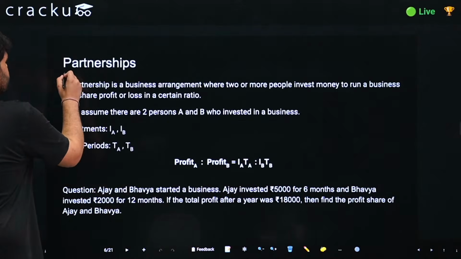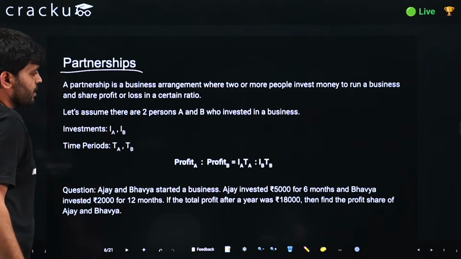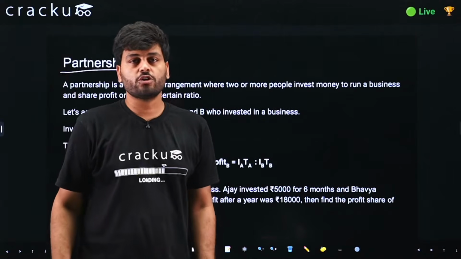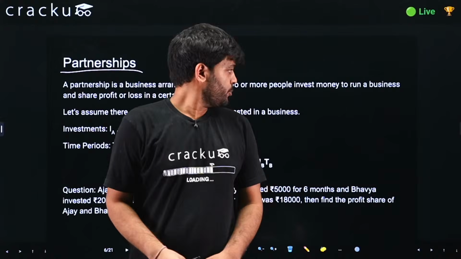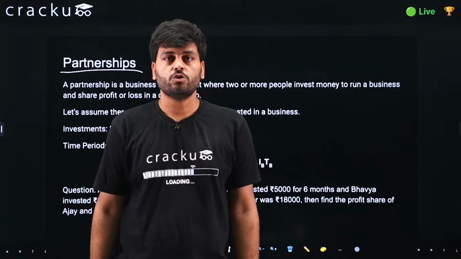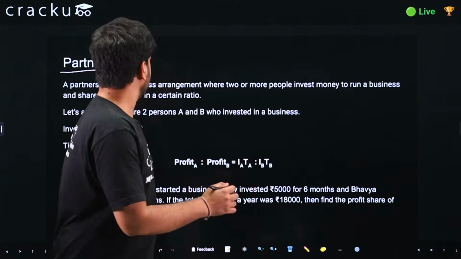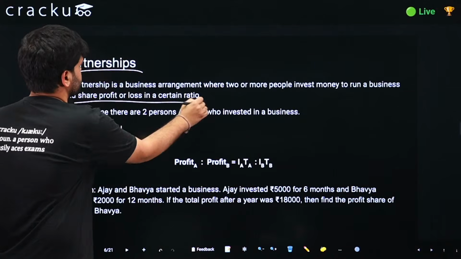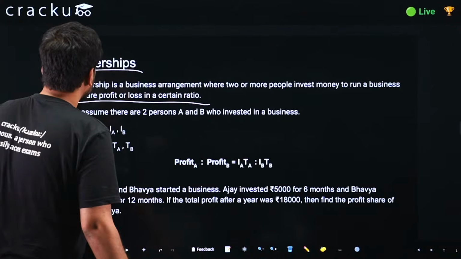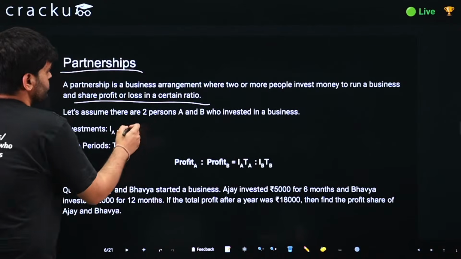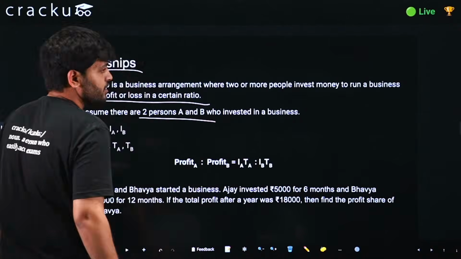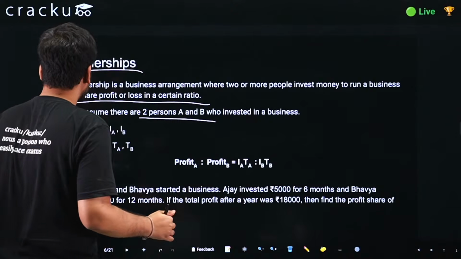Now partnerships. Basically, this is a topic where two or more people invest some money in a business, and it is used to calculate their ratio of profits or losses. So let's assume there are two persons, A and B, who invested in a business.